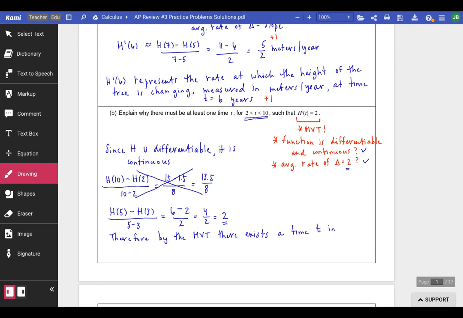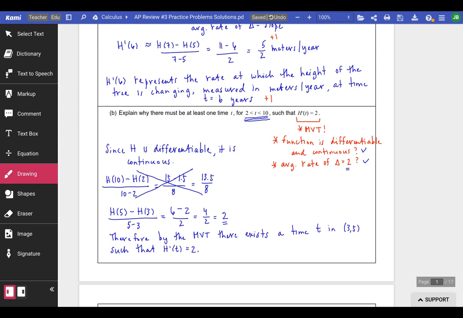Now, we used this interval from 3 to 5, which is okay because, again, that interval still lies within 2 to 10. So there's a time t in the interval from 3 to 5 such that h prime of t equals 2.